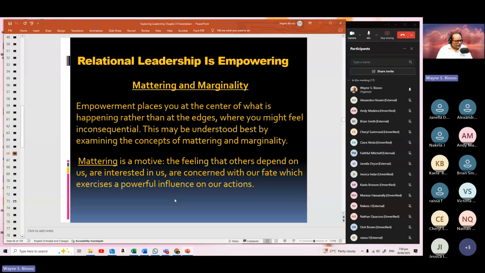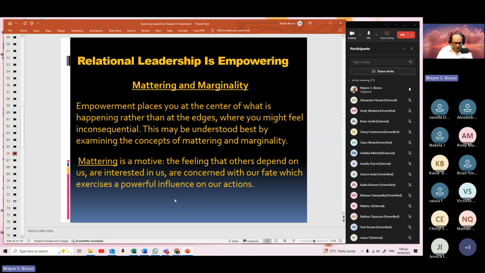In empowerment, we have to pay attention to marginalization and mattering. It is important for us as leaders to remember that everybody in an organization matters. But if people feel marginalized, they're not going to feel that what they think matters.